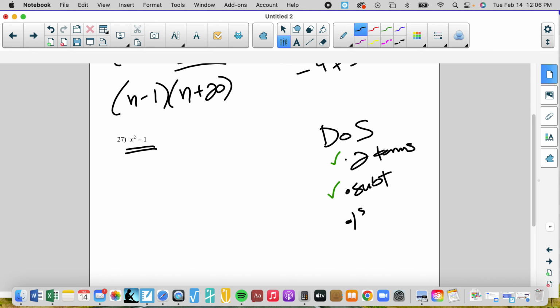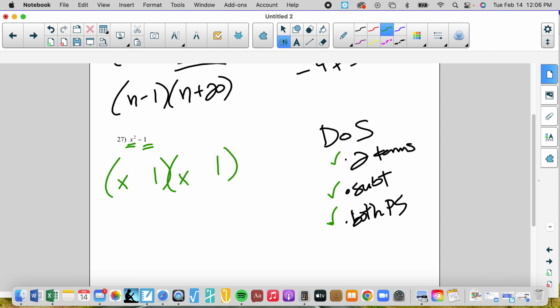Are both perfect squares? Yes. So I know that this is going to produce conjugates. I know that they're going to be identical, but the signs are going to be different. The way you do it, square root of your first is going to be your first, square root of your last is going to be your last, and then we're going to have +1 and -1. That is the easiest way to do it.